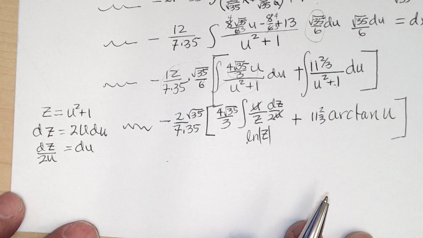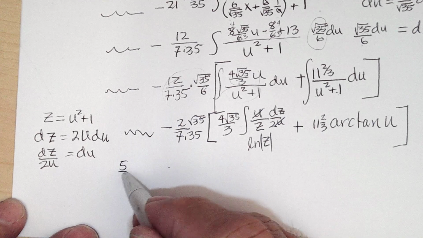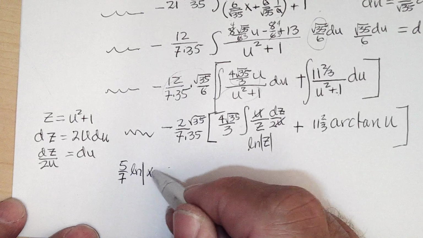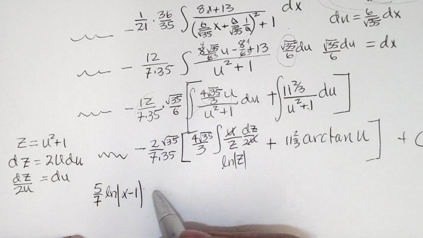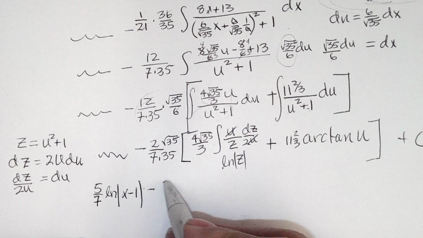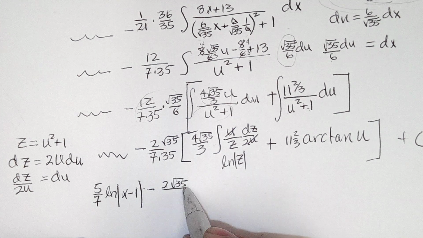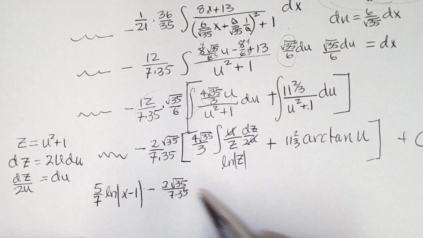So let's see if I can write this. 5/7 ln absolute value x minus 1 from way back up here, minus 2 square root 35 over 7 times 35.